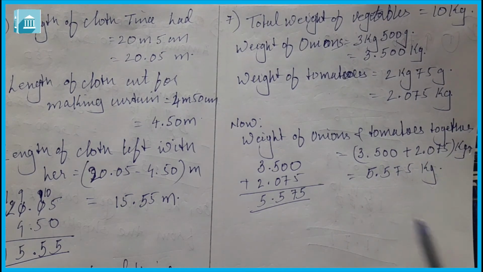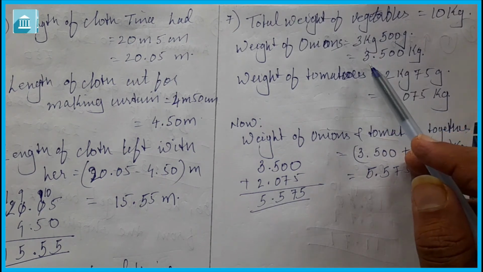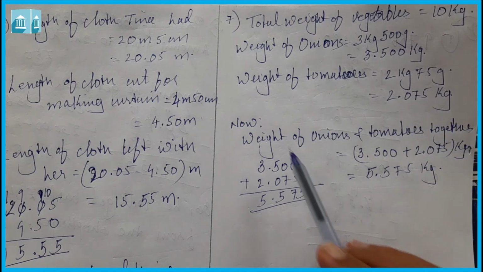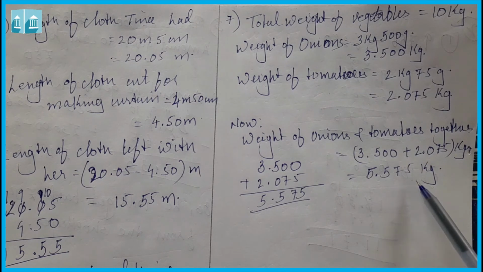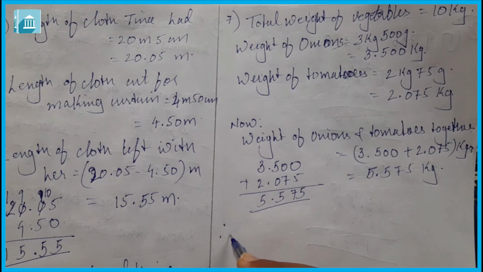So this is the weight. Now first the total weight is 10 kg, weight of onion is 3.500, weight of tomato is 2.075. Now the weight of both onion and tomato together is 5.575 kg.